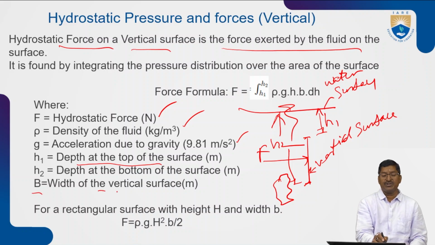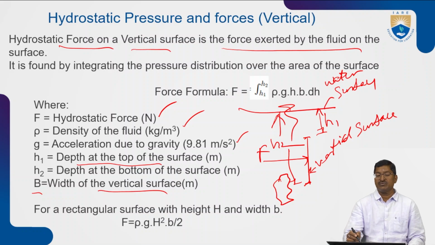b is the width of the vertical surface. This vertical surface height is capital H and it also has a width, b. So H and b are the depth and width of this vertical surface.